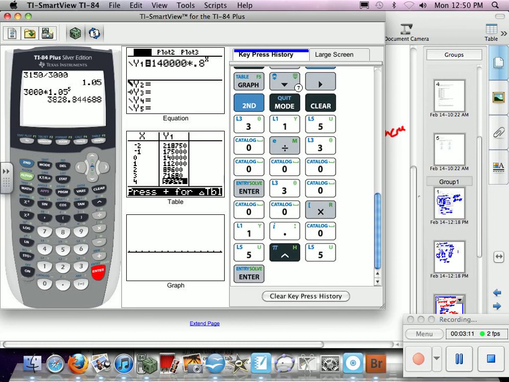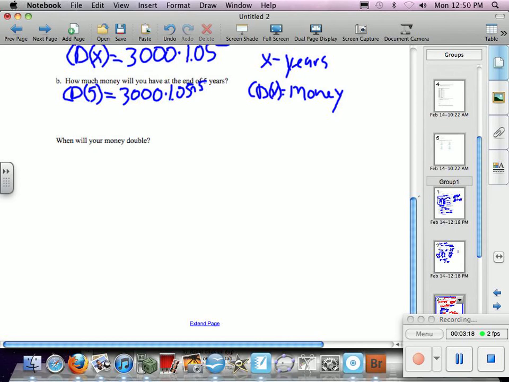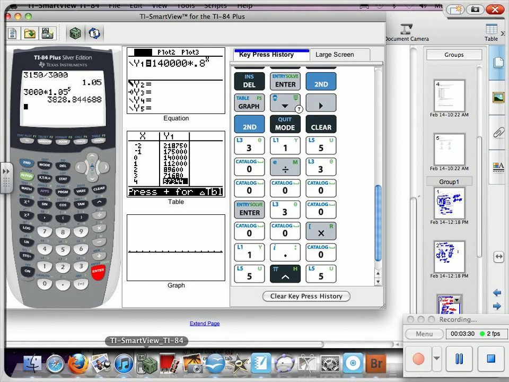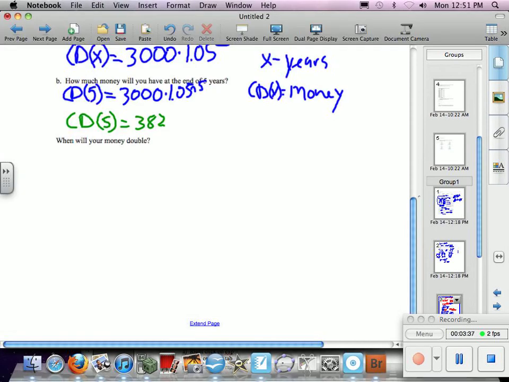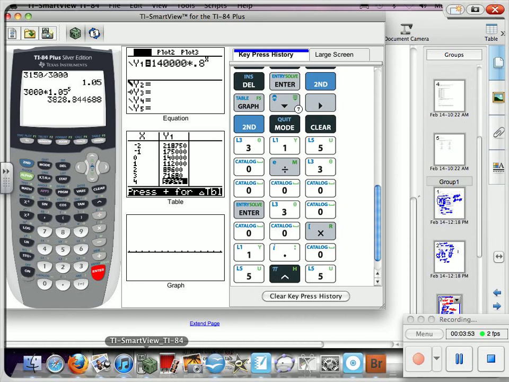And you'll see that I earned $3,828.84. So CD of 5 equals $3,828.84.